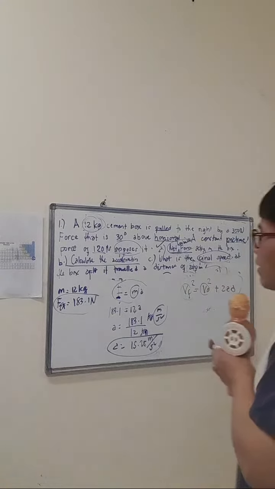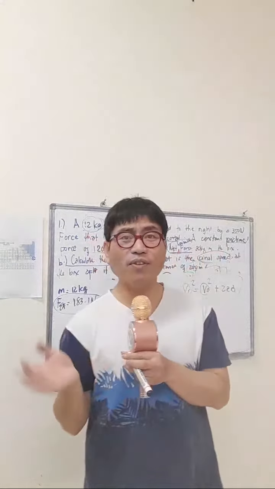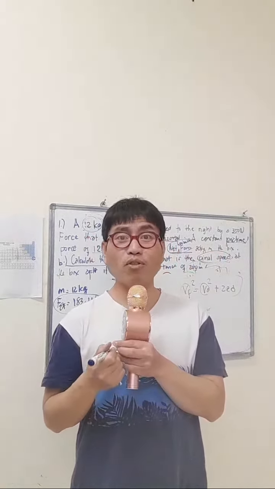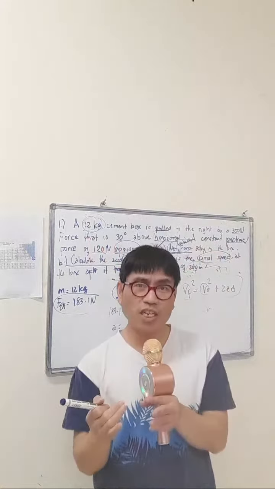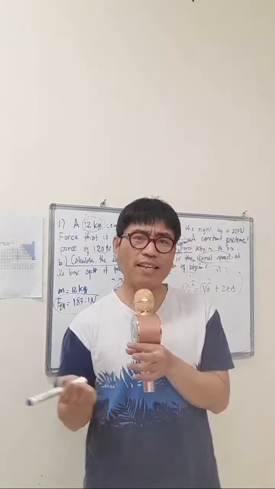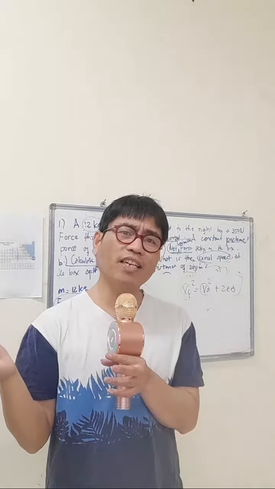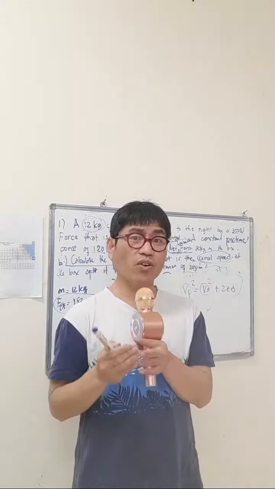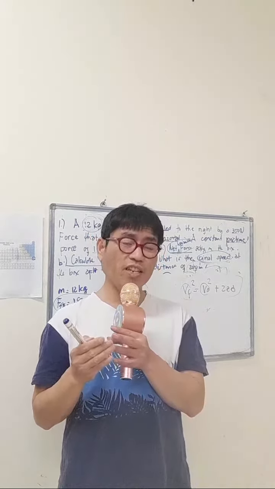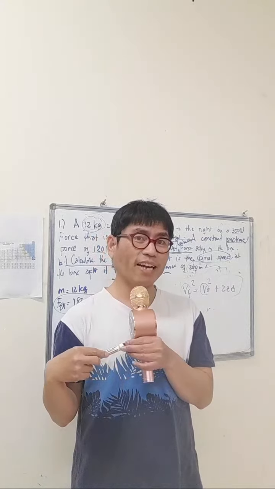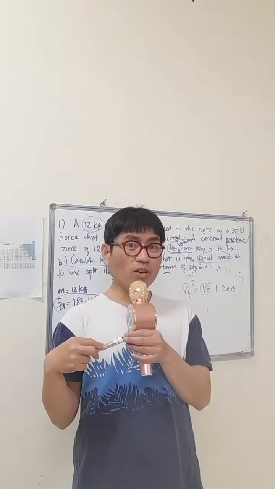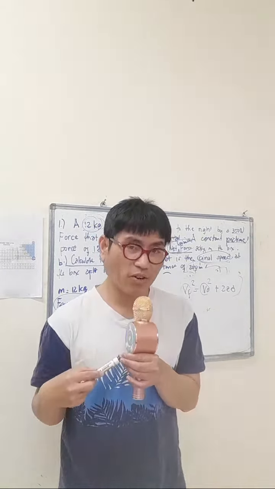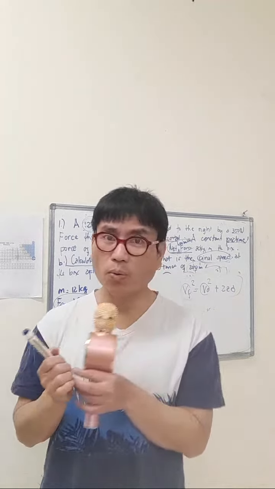You remember, guys, that this is starting from rest. There is a potential energy first in your block before you raise it on the 30 degree inclined surface. Meaning to say, it is at rest, so automatically your initial velocity is 0.